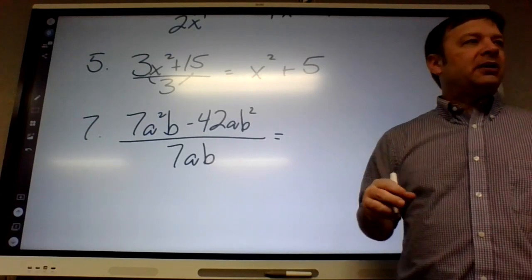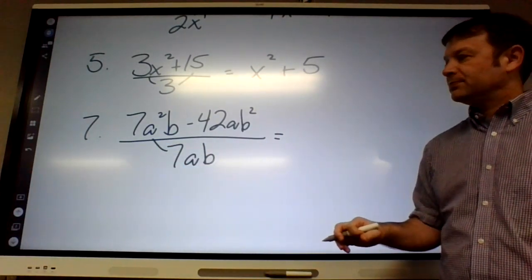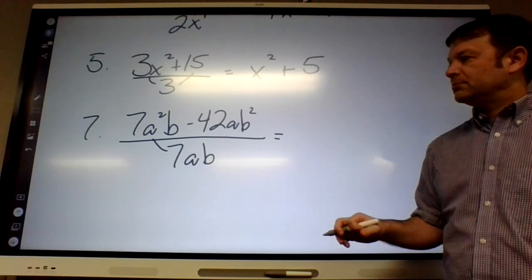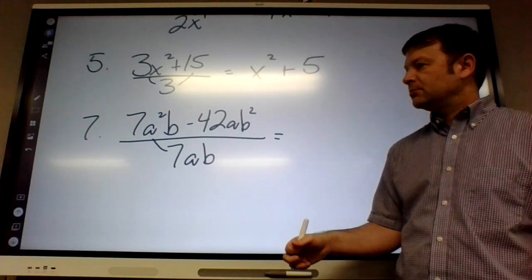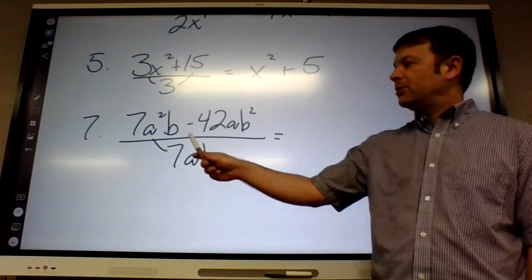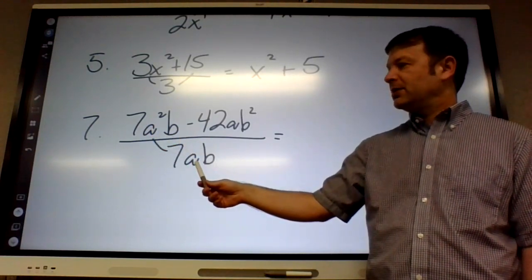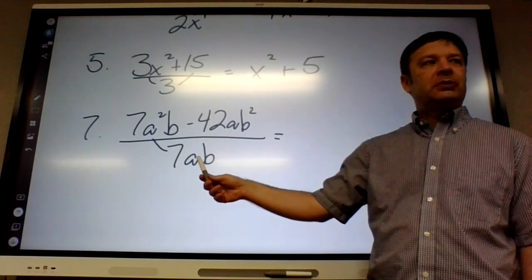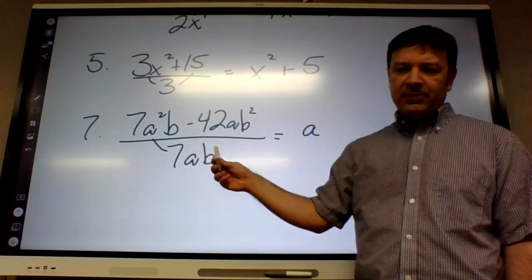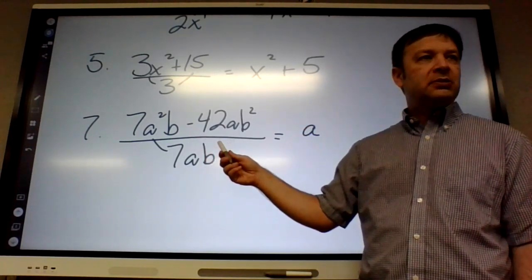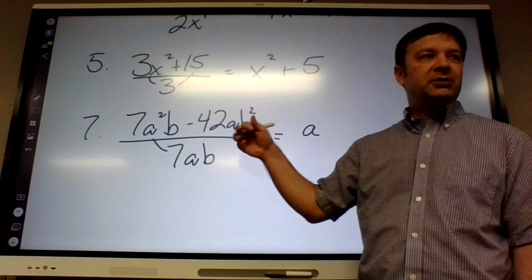Okay, Wyatt. The 7 could cancel out. Sevens cancel out. Then you have a squared times b. But you have to divide by ab. So 7 divided by 7 is 1. What's a squared divided by a? A. So there will be an a remaining. B divided by b is 1.